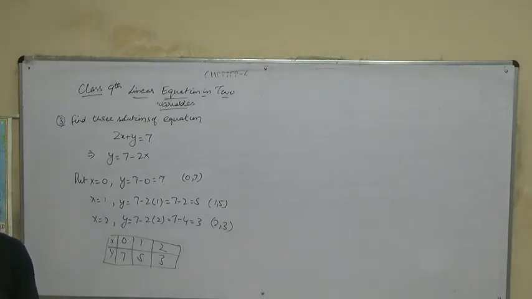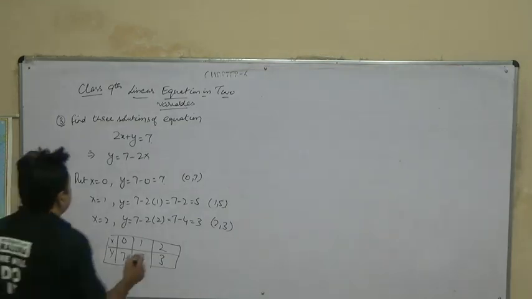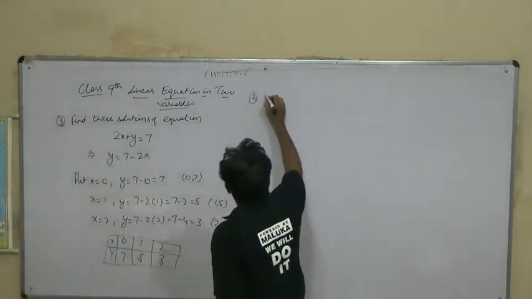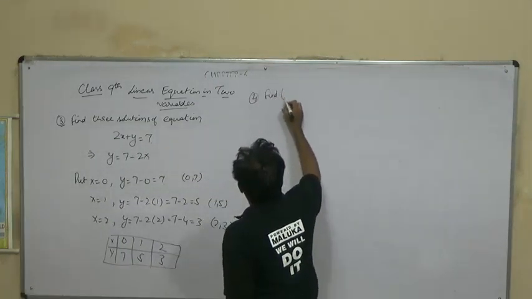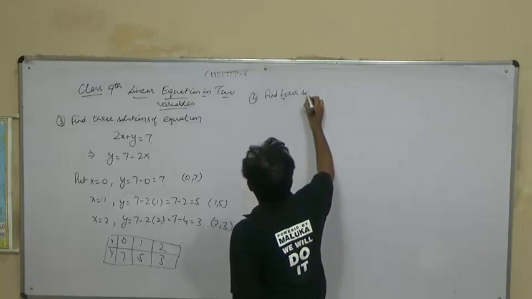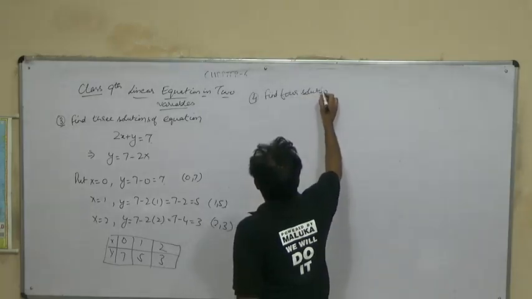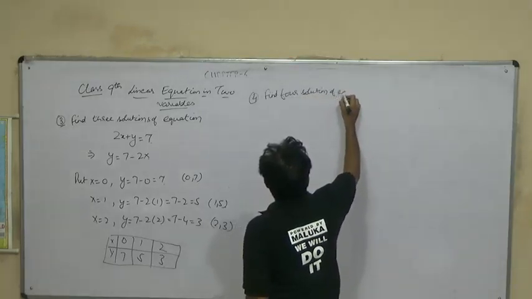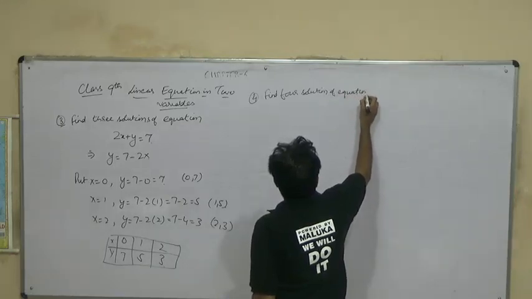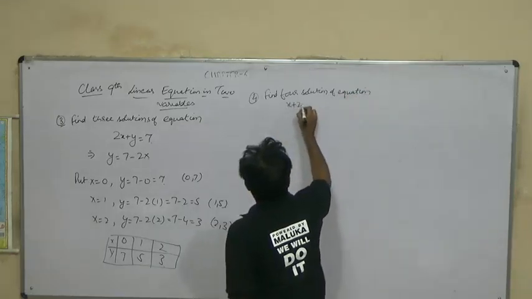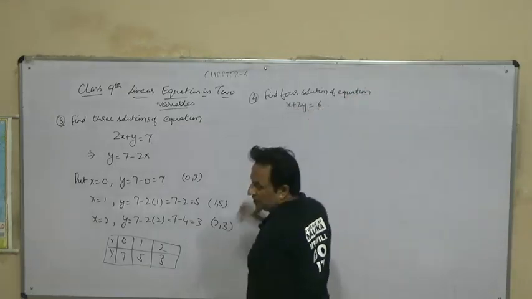Then next is, write four solutions of the equation x plus 2y is equal to 6. Find four solutions of the equation. So what is the equation? x plus 2y is equal to 6.